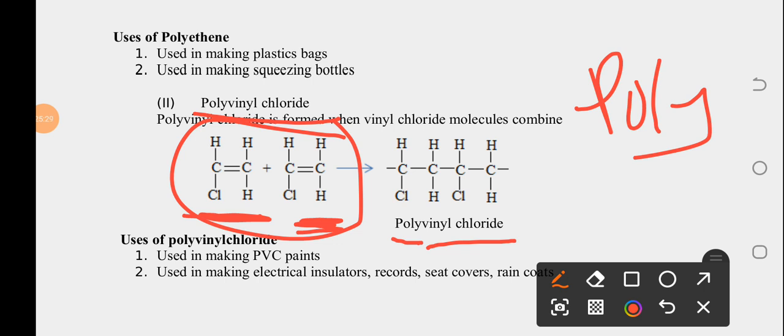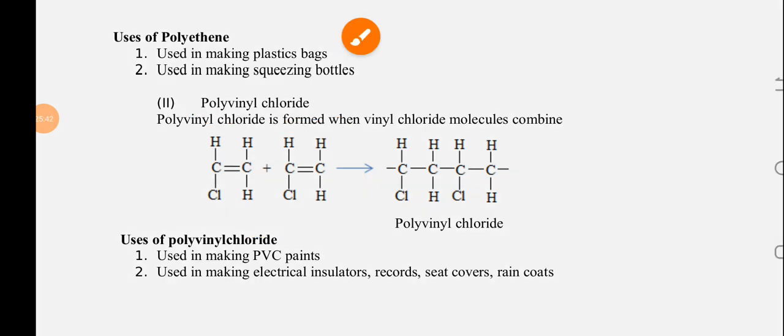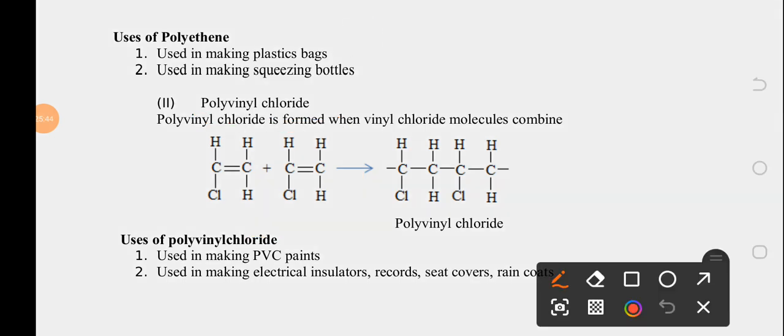I'm sure you're getting these points. So that is that. Here, what you do is just the same as I was doing on the first example. We just have to break these double bonds, then you put it like that.